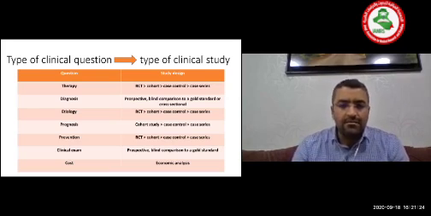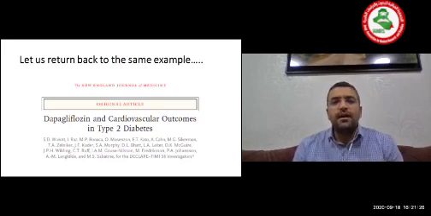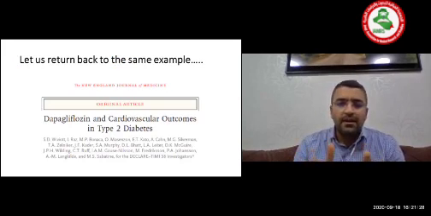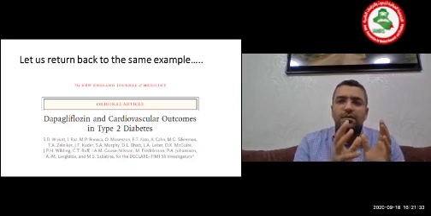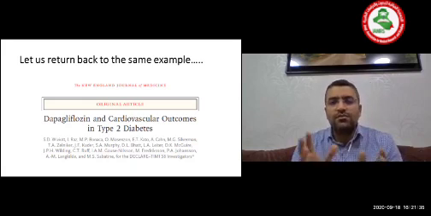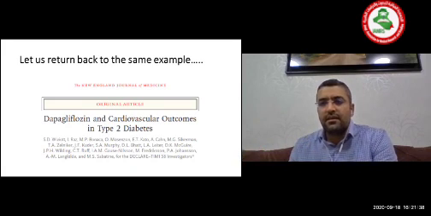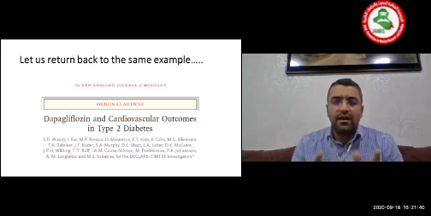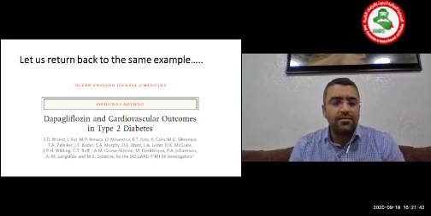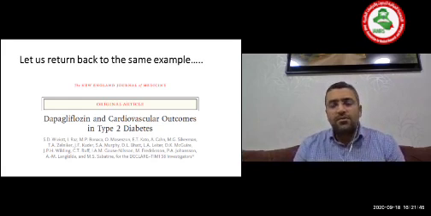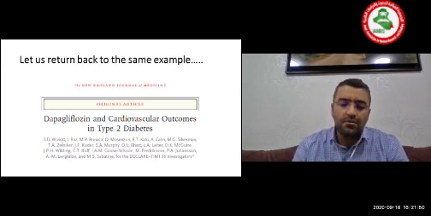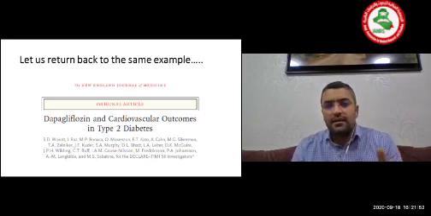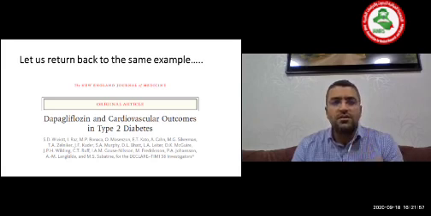So let's return to the same two examples and apply the concept that, according to the type of clinical question, we choose the type of study that best suits our research. In the example of dapagliflozin and the cardiovascular outcomes in type 2 diabetes, this is very clearly a therapy question. We give a therapy, a medication, to test.